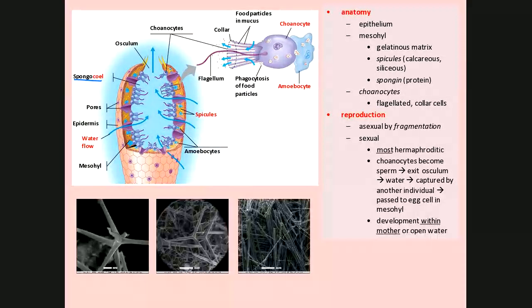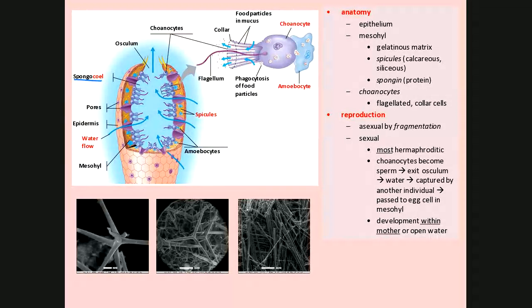Now, water moves in. Why? Because there are little tiny cells around the spongocoel that are beating their flagella. And you know what happens when you beat your flagella? Either you use it to move or you move things around you. We've seen that all the way back in Stentor, right? Stentor was a filter feeder.